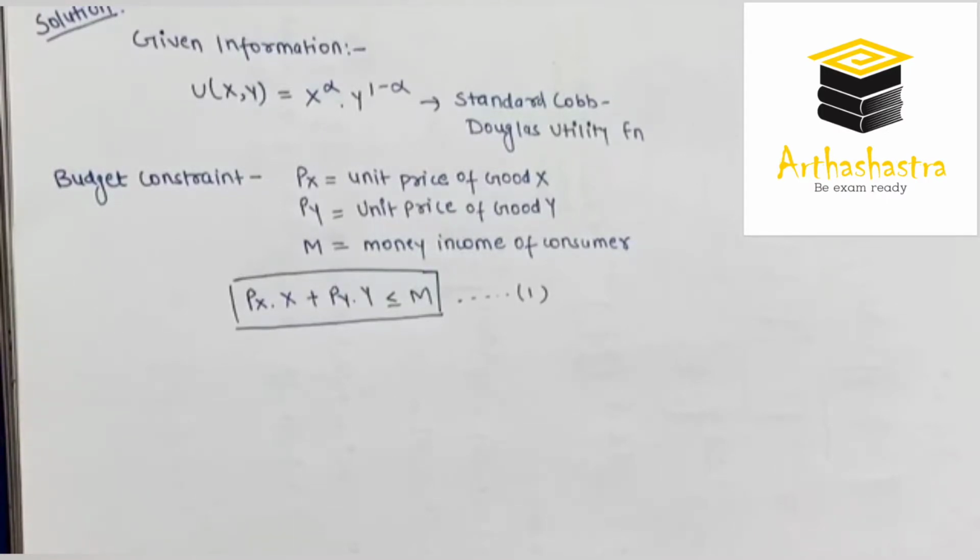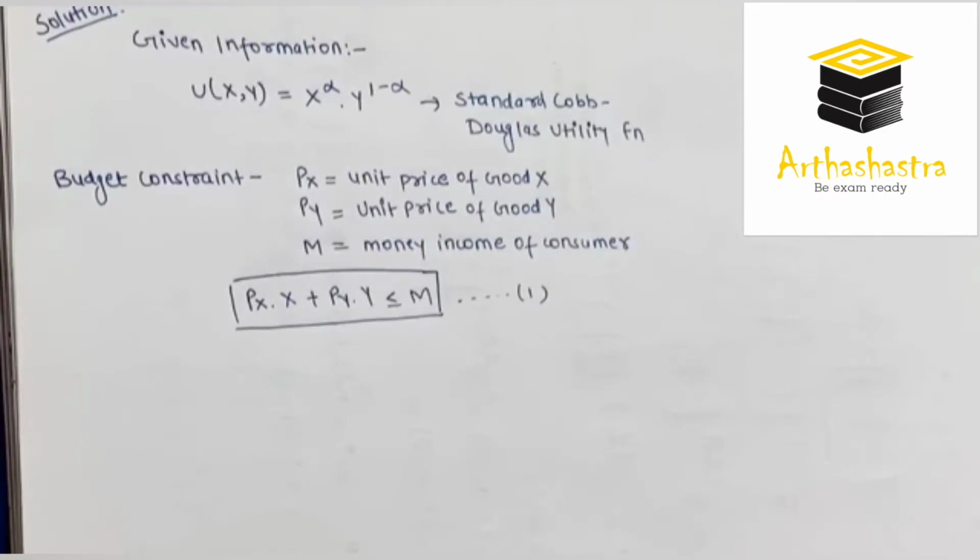Okay, in the question we are given a Cobb-Douglas utility function u, a function of x and y, and the function which is given to us is x raised to the power alpha times y raised to the power 1 minus alpha, and the remaining information is related to the budget constraint.